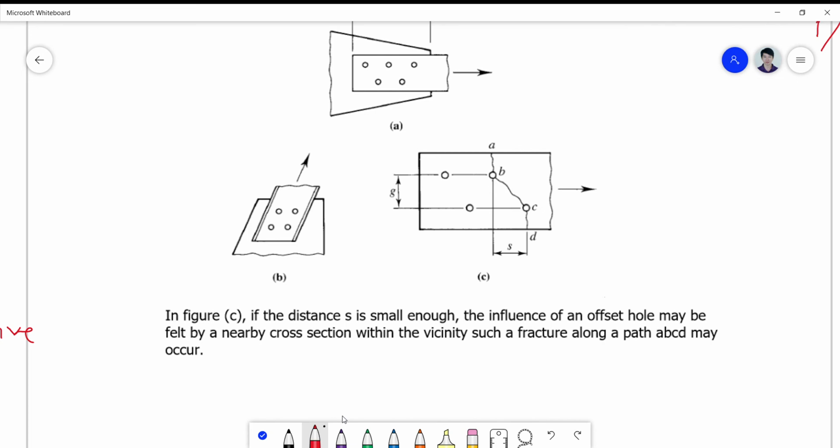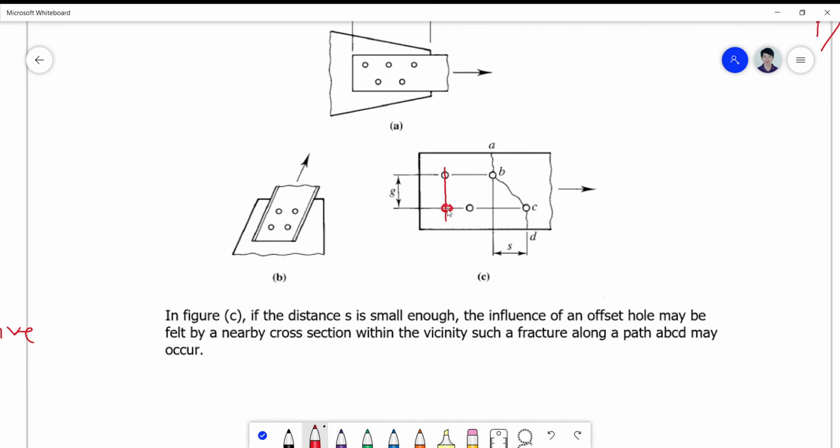So in cases wherein we cannot place a hole directly aligned to this, because your G is very small and we want to avoid a fracture straight along this line, then we move the succeeding hole staggered at a certain distance.